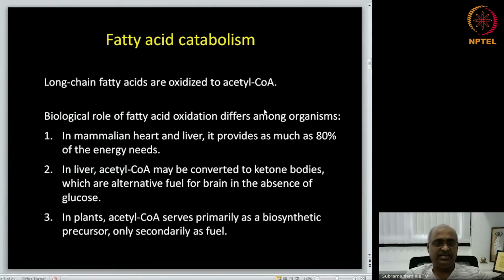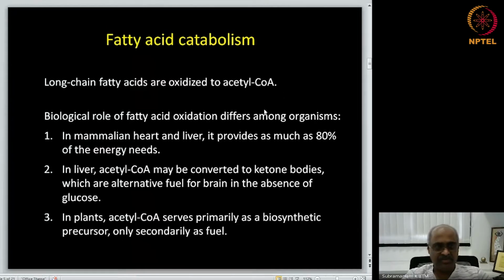Fatty acids are converted into acetyl-CoA. Then we know now what happens to acetyl-CoA, right? Acetyl-CoA will enter into TCA cycle, will become fully oxidized to carbon dioxide, and then in the process we would have produced reducing equivalents in the form of NADH and ATP, right? And using that energy will be made.